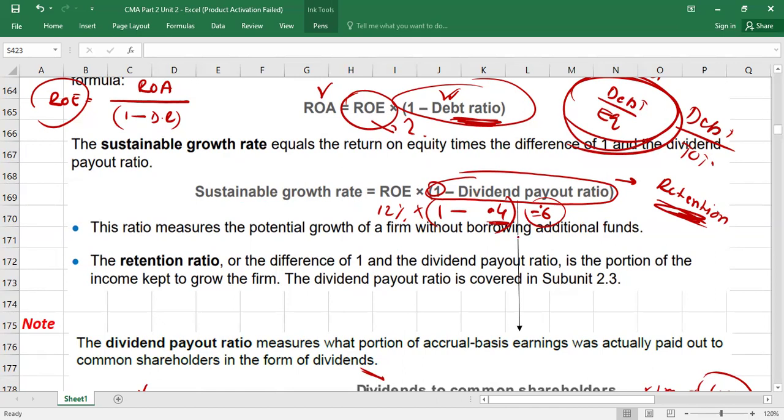If I invest that retention percentage into the business, this retained profit, 1 minus dividend payout ratio, then at least I will earn a return equal to return on equity.